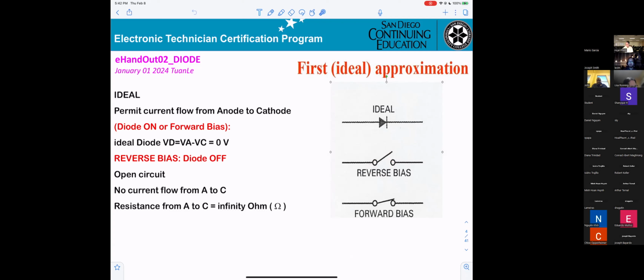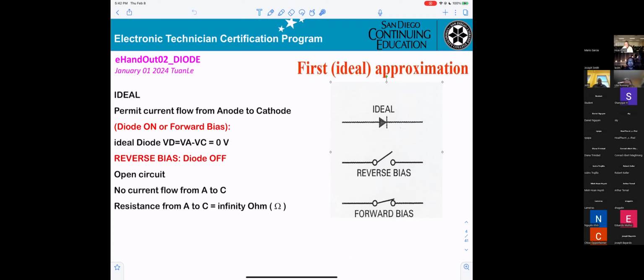And if the diode is on, or forward biased, it is connected from one side to the other side for the current to flow. That's very simple for the diode. First thing, when you look at the symbol, you know this is a diode.